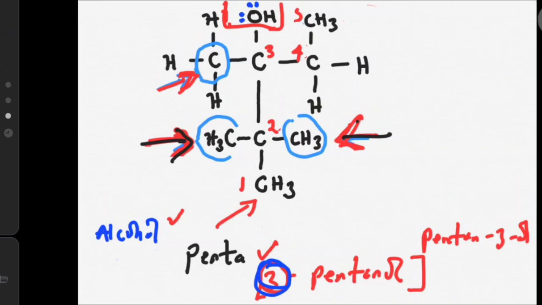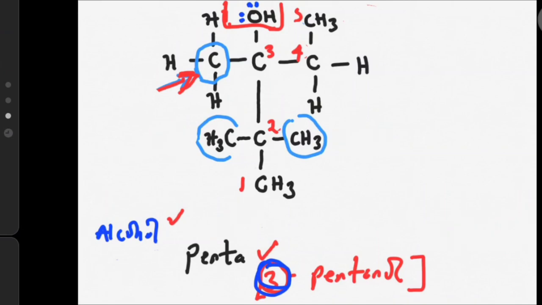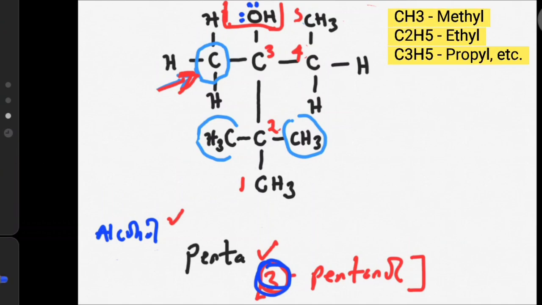the shortest number possible. Now, if you look closely, on the second carbon, we have 2 substituents, one on the left and one on the right. The name of the substituent is CH3, which is methyl. The other substituent is the same methyl. So on the second, we have a methyl. On the second, we also have a methyl, 2 of them.